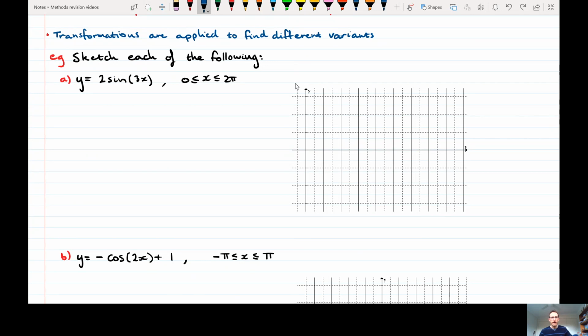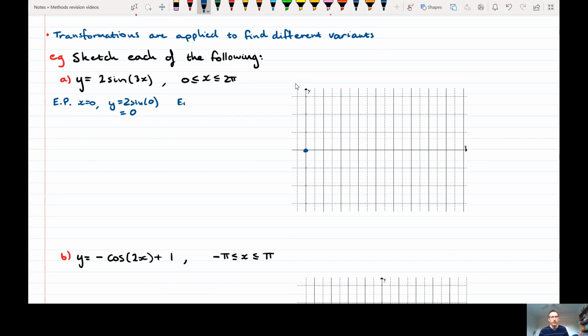This first one has no translation, so it's a bit easier. First of all, I need to find my endpoints. So for x equals 0, you get y equals 2 sine of 0, which by exact values is 0. So one endpoint is at (0, 0), and it's a closed circle because it's included.